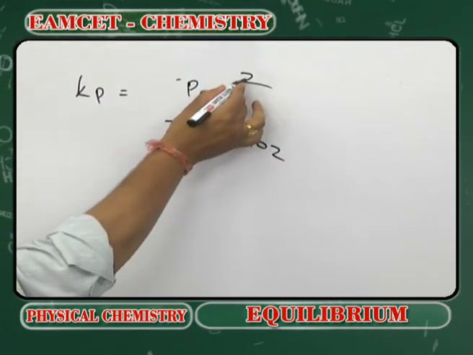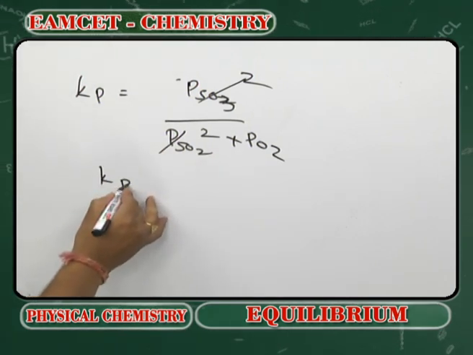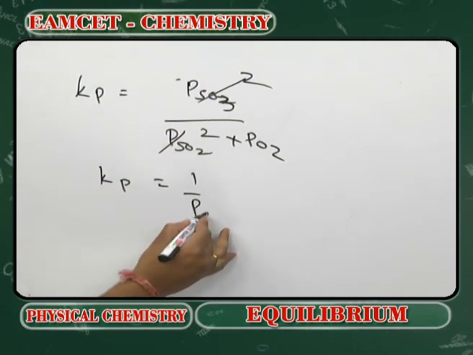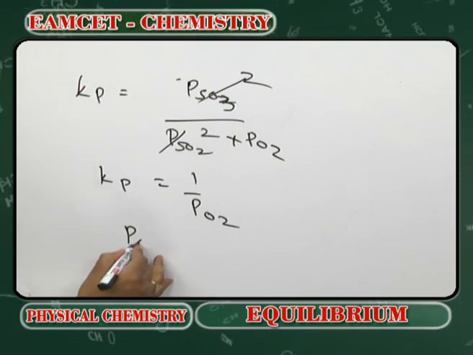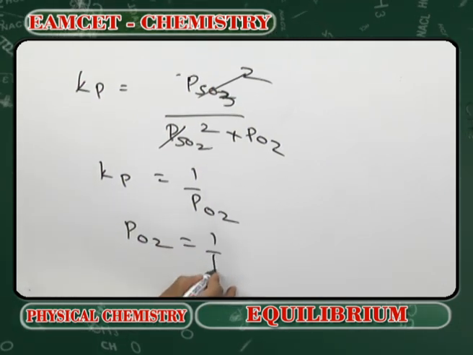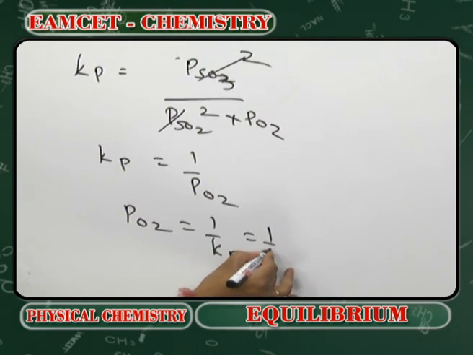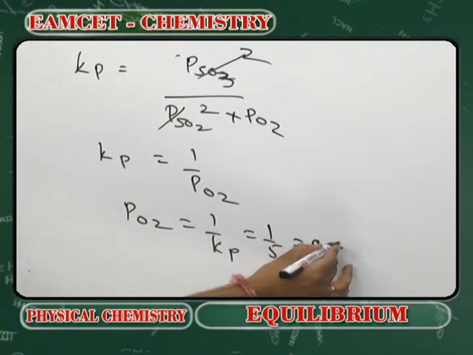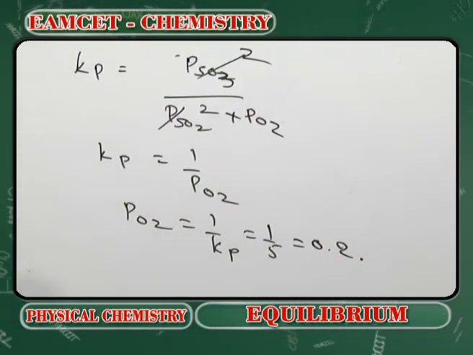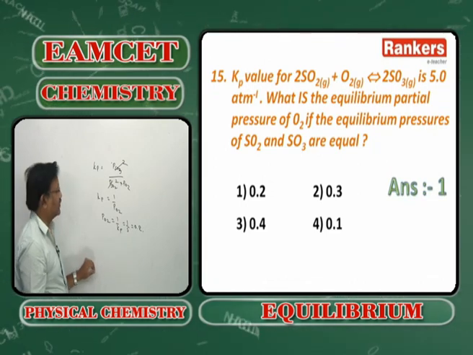Since they are equal, Kp will be equal to 1 by partial pressure of oxygen. Partial pressure of oxygen is equal to 1 by Kp, that is 1 by 5, which is 0.2. Option 1 is the answer. Next question.